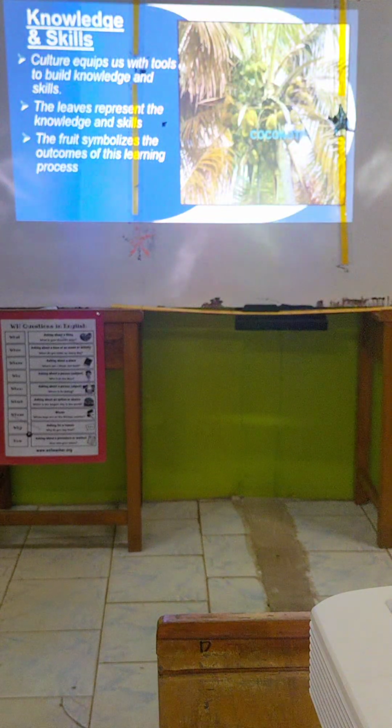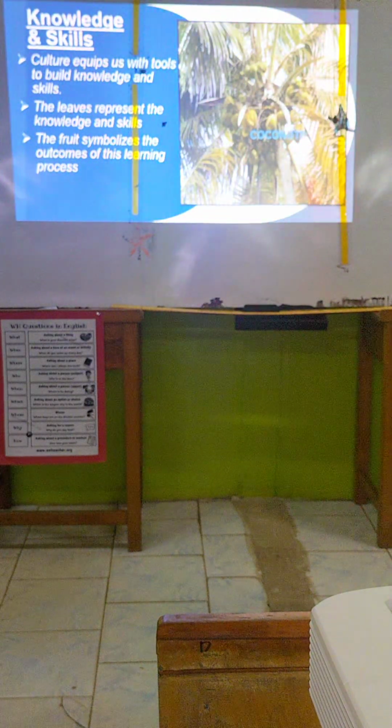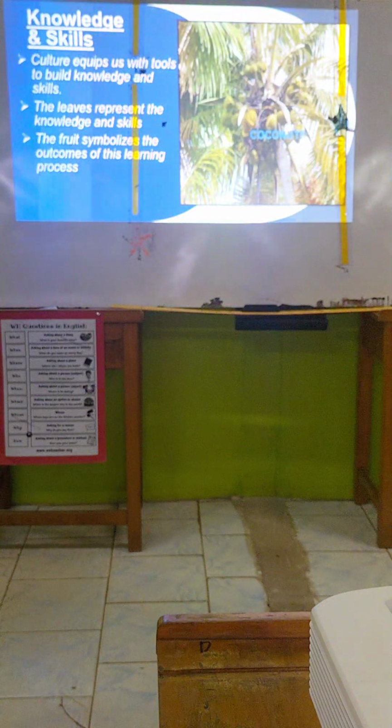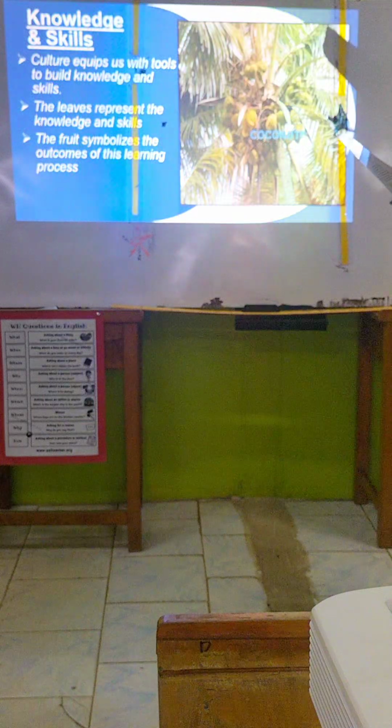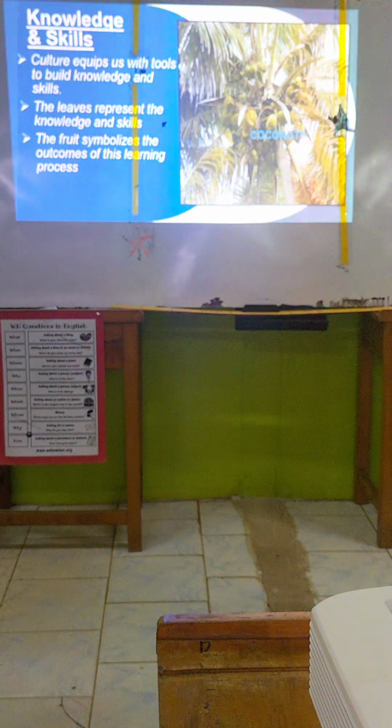Okay, and the coconut represents the potential of nourishment and contribution that each child brings to their community. Just as coconuts contain valuable resources like water and flesh, a child's accumulated knowledge and skills can enrich their surroundings.